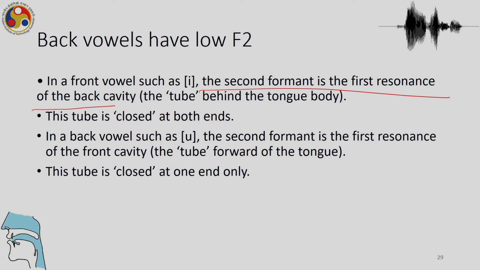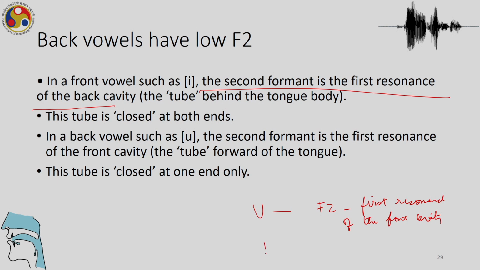So this is altered. For oo, F2 is the first resonance of the front cavity, that is, the tube forward of the tongue.